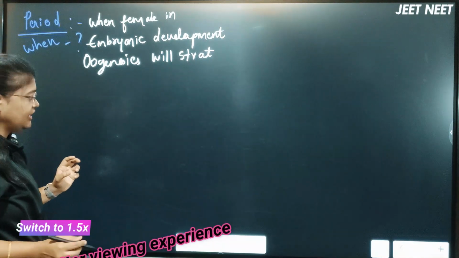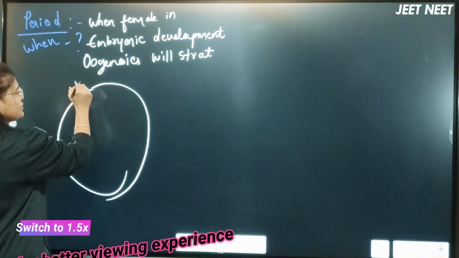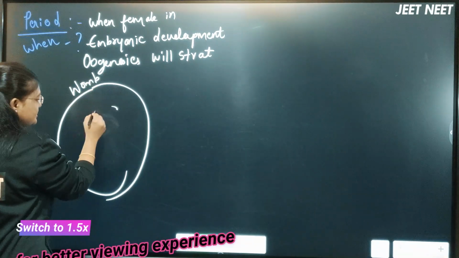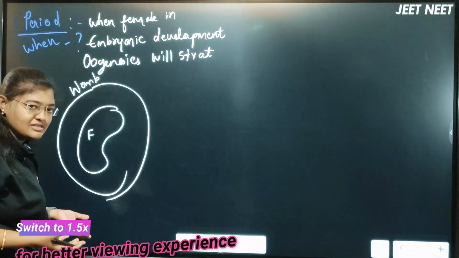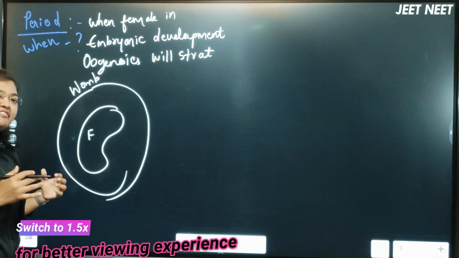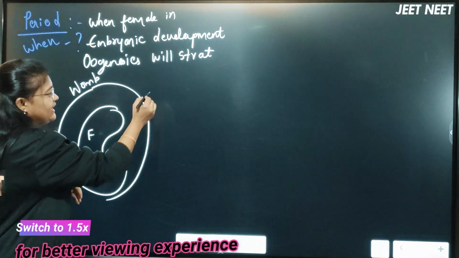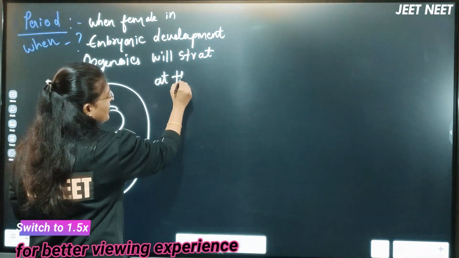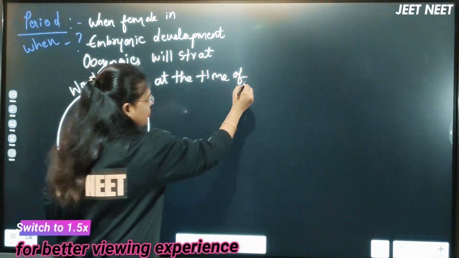If I say exactly, if this is a mother's womb, and this is a fetus, it is developing inside the mother's womb only. Everyone knows that the fetus gender will be decided at the time of fertilization, right?